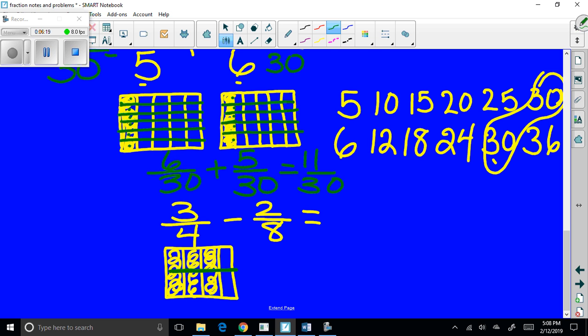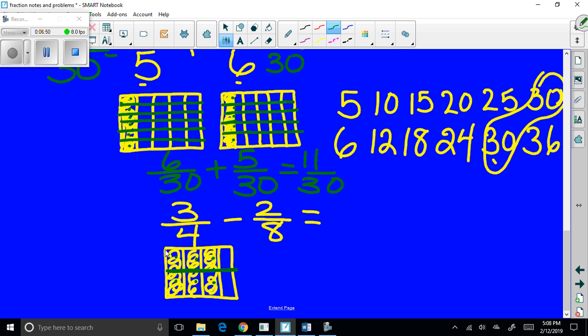That was pretty simple. I made one horizontal line through my 4 vertical spaces, and it gave me 8 smaller pieces. And so now I can take away the 2/8, but I have to acknowledge what I have here. Instead of 3/4 minus 2/8, I've changed 3/4 into what is 1, 2, 3, 4, 5, 6 smaller pieces. 6 out of 8 pieces are now shaded in.